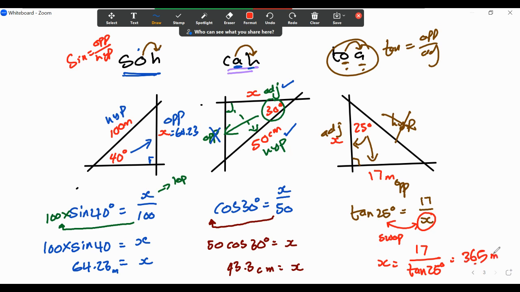And this is meters. 36.5 meters over here. All right, so 36.5 meters, 43.3 centimeters, 64.23 meters. Okay. And now we have trigonometry in a nutshell, calculating missing sides.